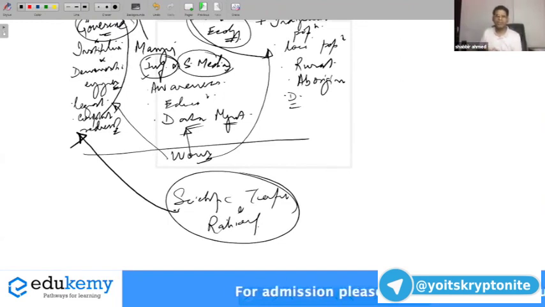Okay, yeah, please. What is the governance angle of scientific, okay, temper, rationality? Governance angle क्या है? Scientific temper and rationality. Okay, yes, talking about democratic institutions.